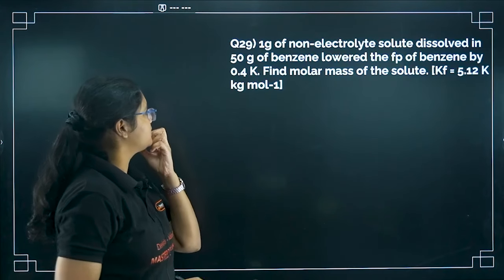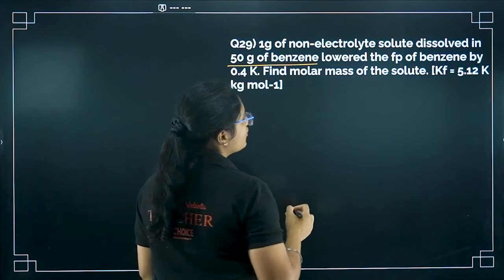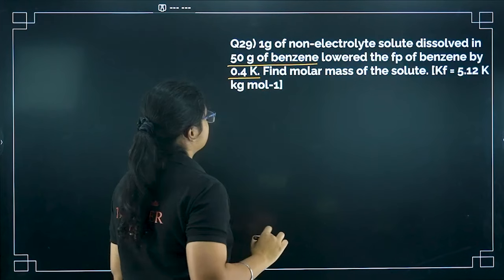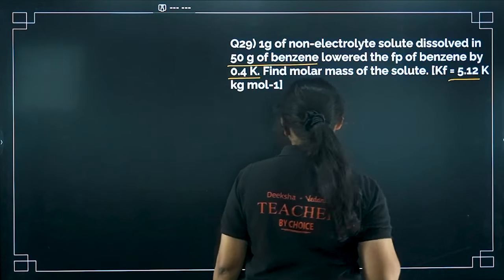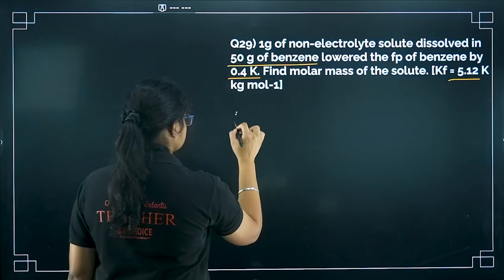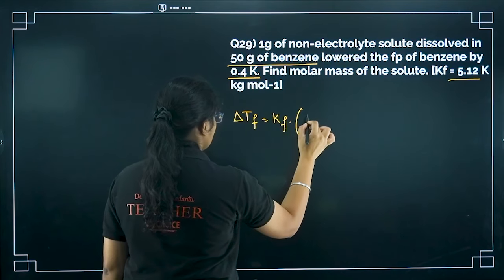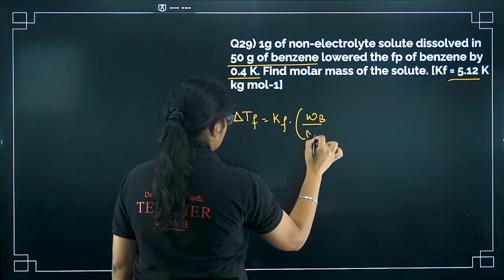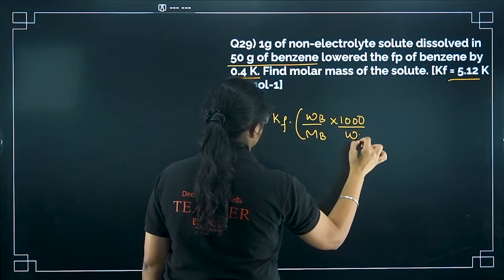Okay, next question. 1 gram of a non-electrolyte solute is dissolved in 50 gram of benzene. It lowered the freezing point of benzene by 0.4 Kelvin. Find the molar mass of the solute. Even here the Kf value is given. Again a very similar question: we have delta Tf is equal to Kf into molality, where I have Wb by MB into 1000 by WA.